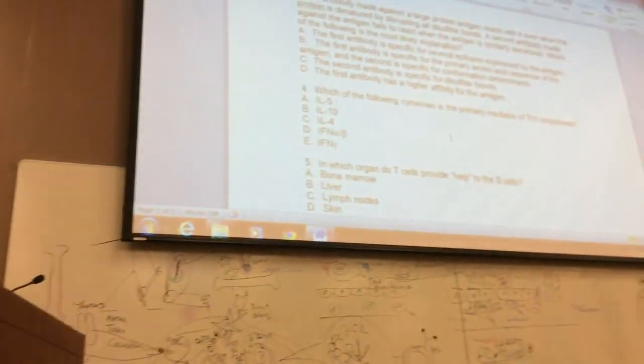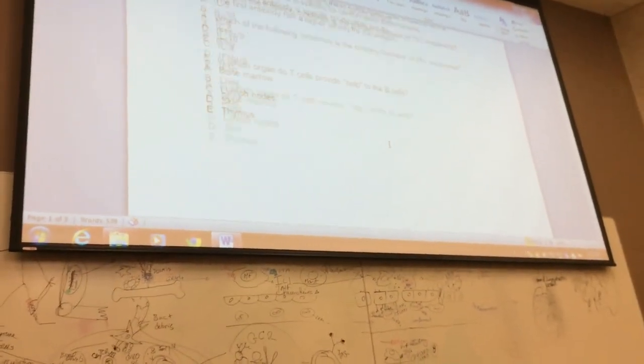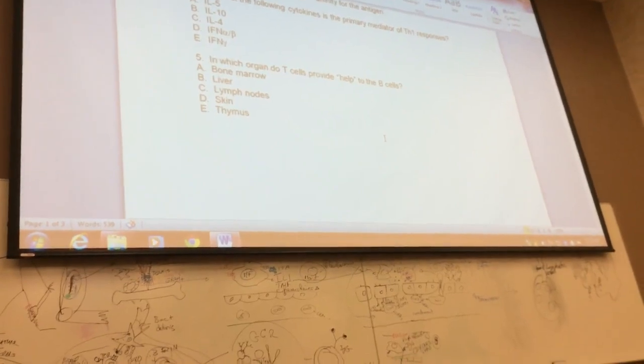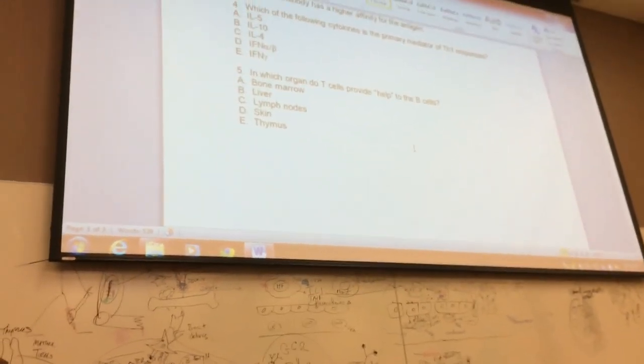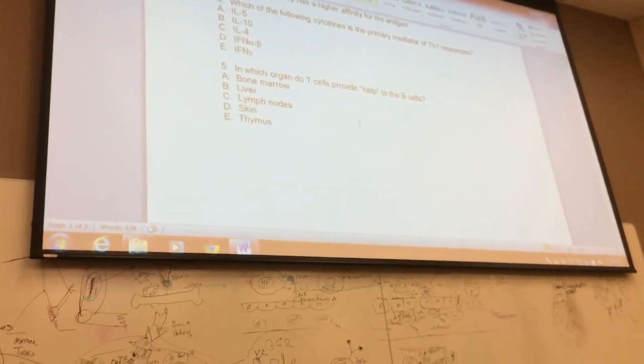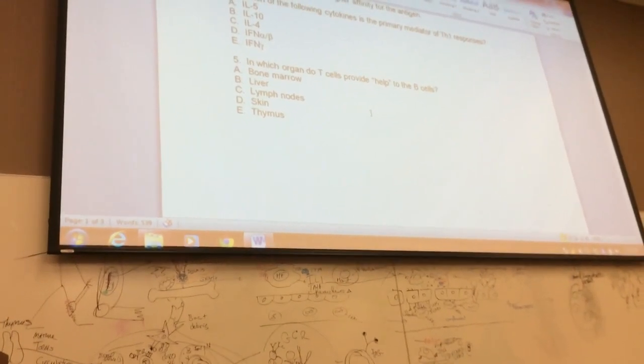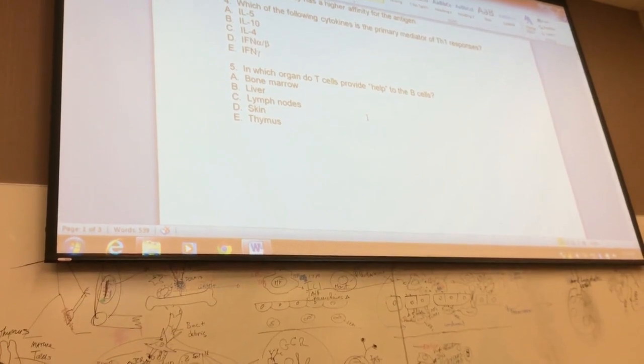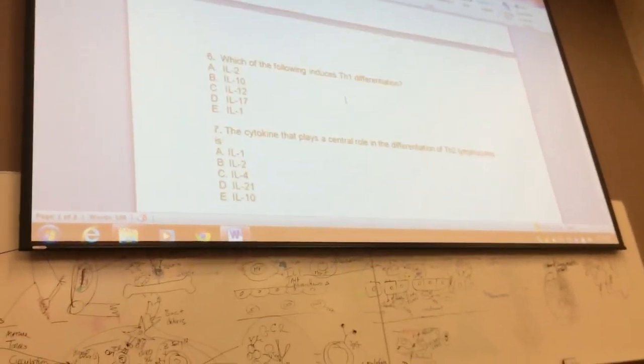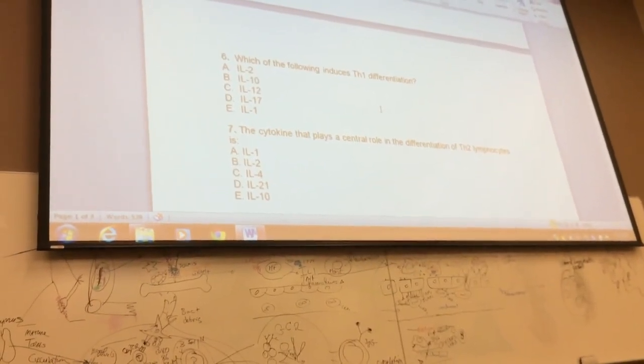Okay? Which of the following cytokines is the mediator of Th1 responses? Interferon. That was very straightforward. In which organ do T cells provide help to B cells? Lymph nodes. Right. What's the other organ? Spleen. Right. Which of the following induces Th1 differentiation?